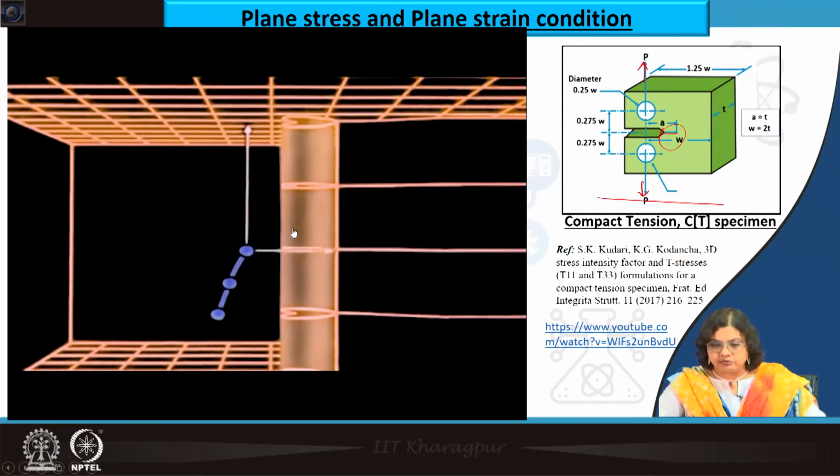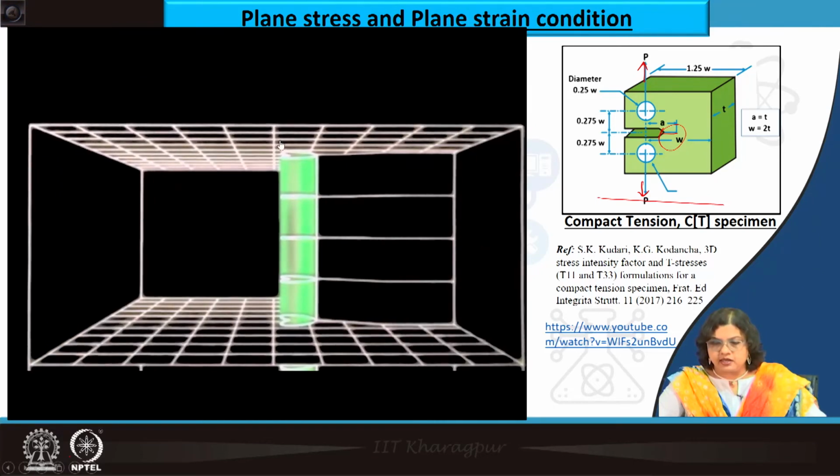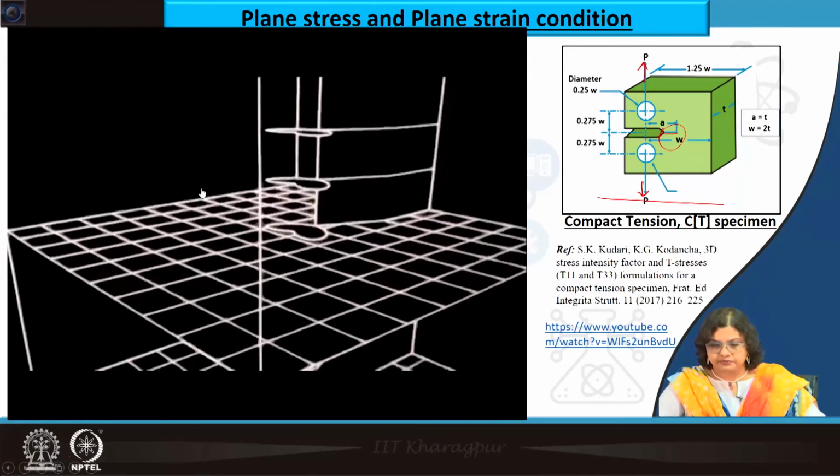In presence of this plastic zone, these points are actually moving near to the surface and near to the crack tip to achieve the plane strain condition, and eventually it will be just embedded within the plastic zone itself, leading to the plane stress condition being active towards the surface, and that leads to a plane strain in the middle, but plane stress near to the surface for a very thick component.